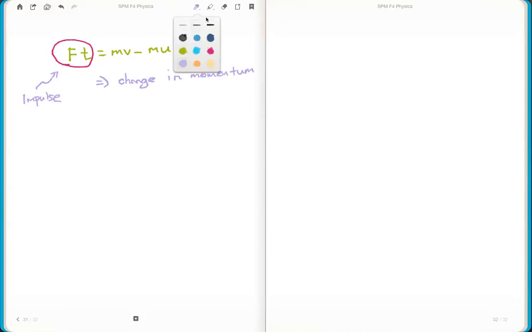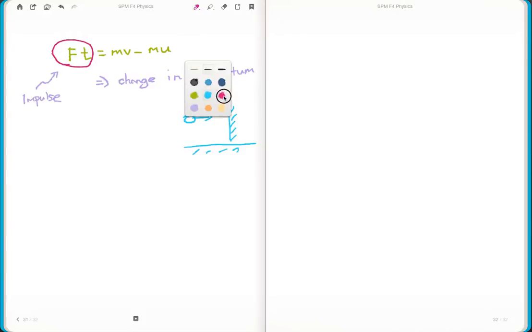Where do you apply this? If you played tennis or squash or any ball game, as in my example in the earlier video, when a ball smashes into a wall, it bounces back with velocity v, so there would be a change. The third law comes in.